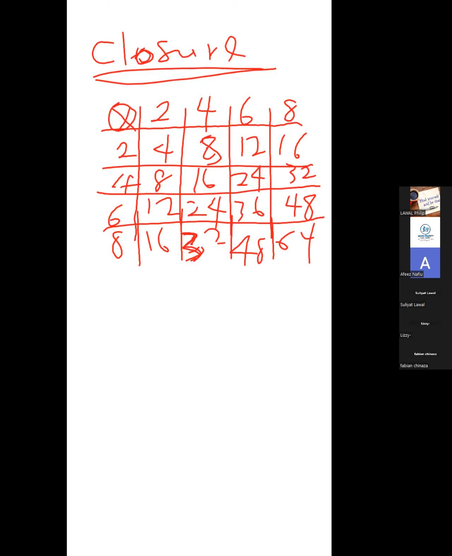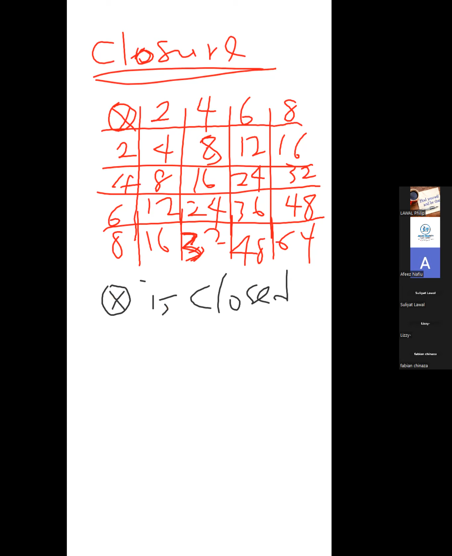For any table, no matter how much you extend it, either further to the right or further down, when you multiply two even numbers, you can never get anything outside even numbers. So this binary operation that I've used is closed. Anytime I use even numbers and operate this binary operation, my answer will also be an even number. That's what they call closure.